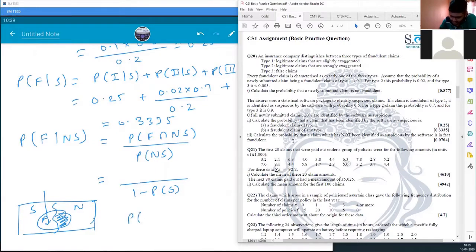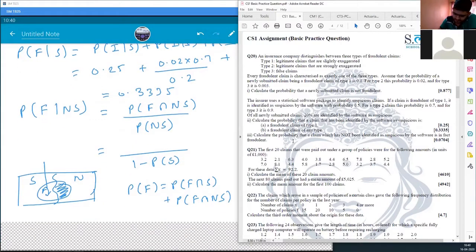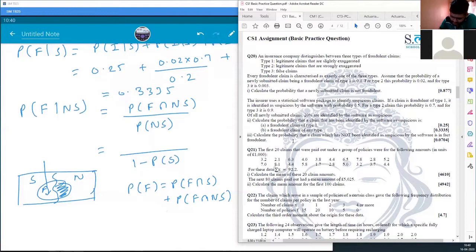So I'll say probability of fraudulent is nothing but probability of fraudulent intersection suspicious plus probability of fraudulent intersection not suspicious. Then we know fraudulent intersection suspicious is nothing but probability of suspicious into probability of fraudulent given suspicious.